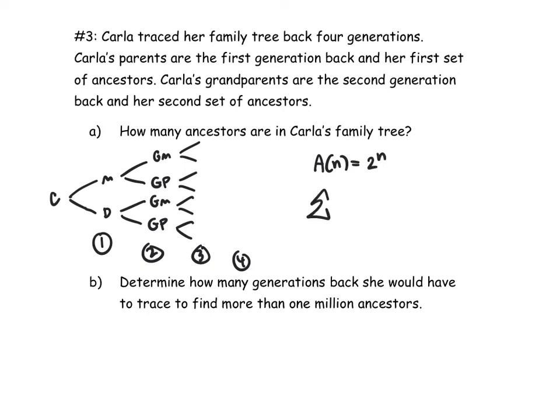Therefore, the total number of ancestors added up, or the sum, would be from i equals 1 to 4 of 2 to the i. All right, so this is a geometric series. You can see it'd be 2 plus 4 plus 8 plus 16. Okay, so if we added that together, we'd get 30. So she's got 30 ancestors in the first 4 generations of her family tree.